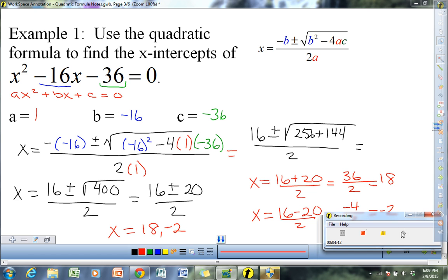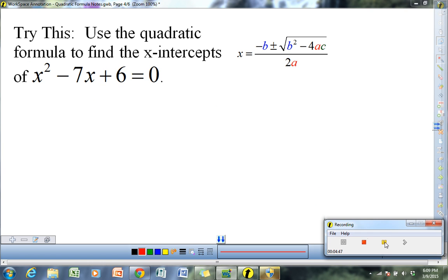Alright, next problem. This is a try this. Use the quadratic formula to find the x-intercepts of x squared minus 7x plus 6 equals 0.